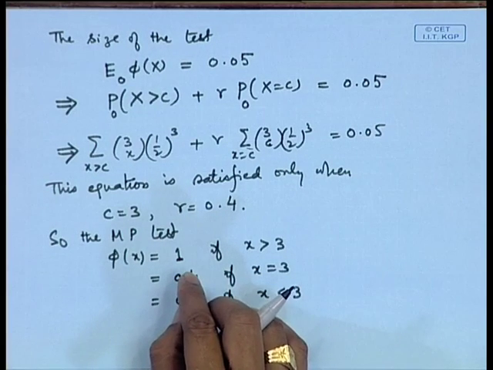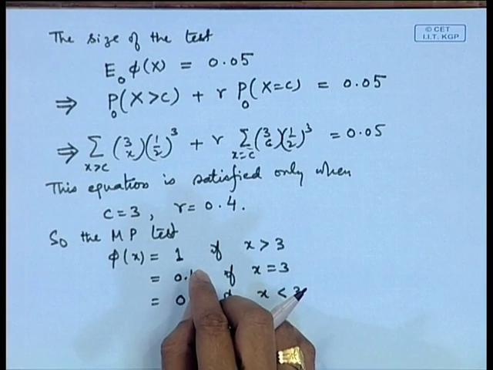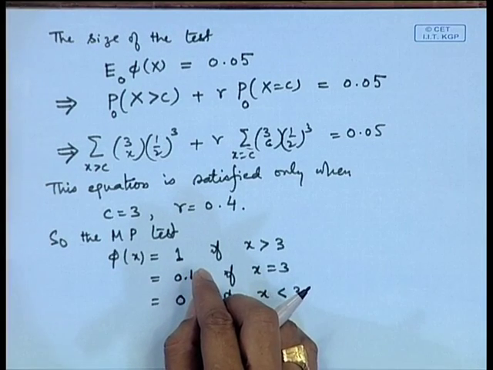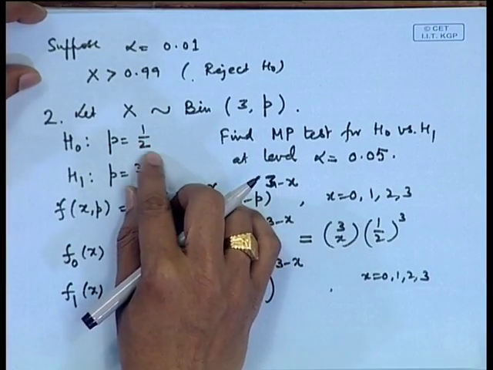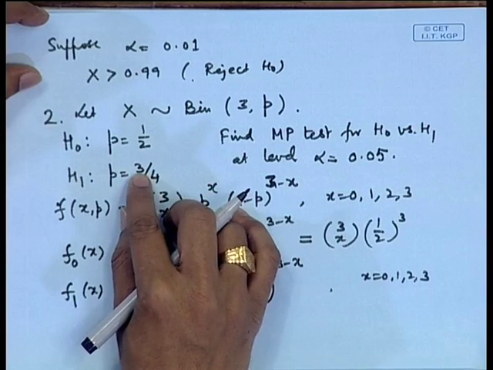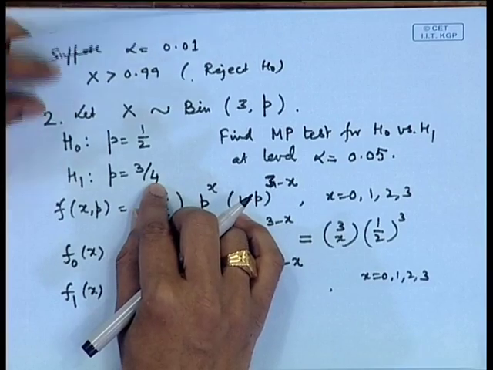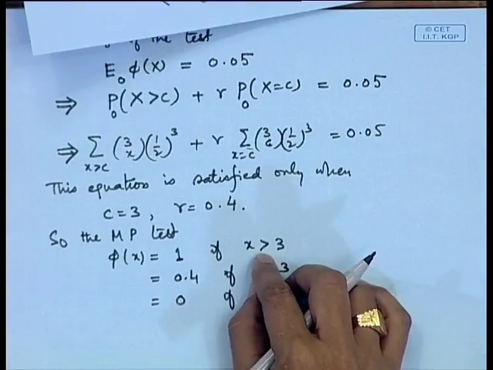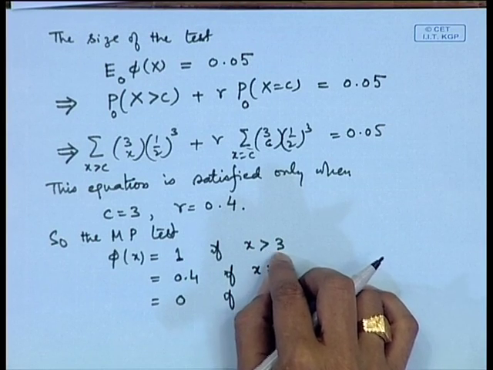So, this may look surprising, but if we see carefully our problem, the problem was to test whether the coin is fair against whether it is biased in favor of head. So, for biased in favor of head, we are rejecting if x is greater than 3 only, which is not possible.